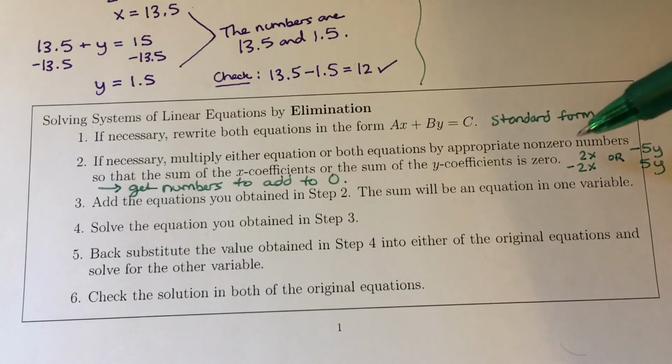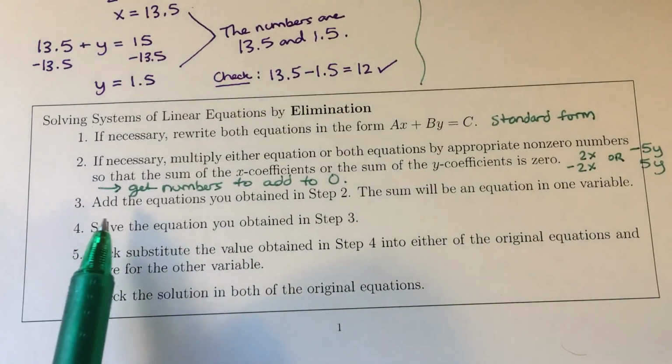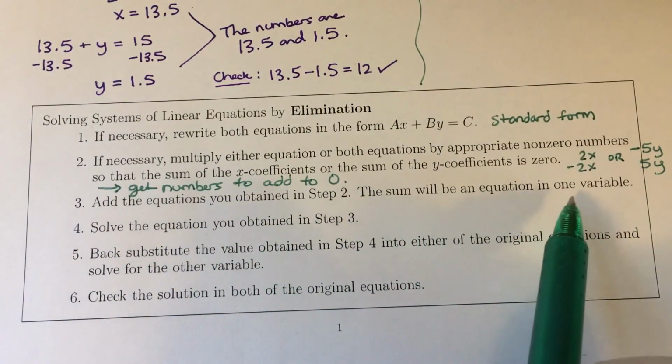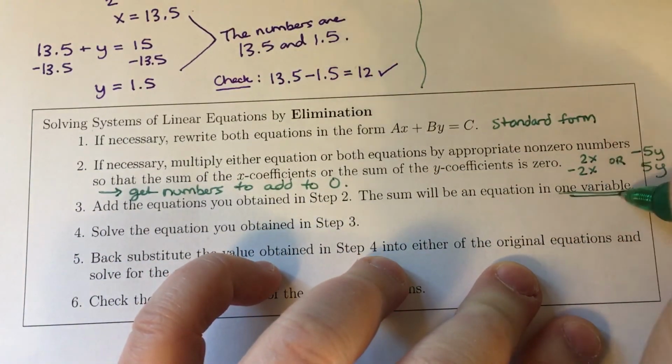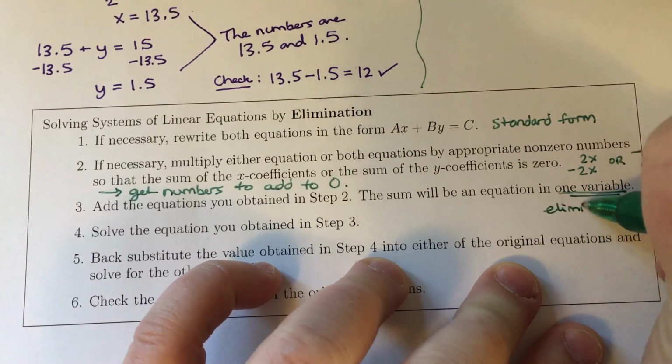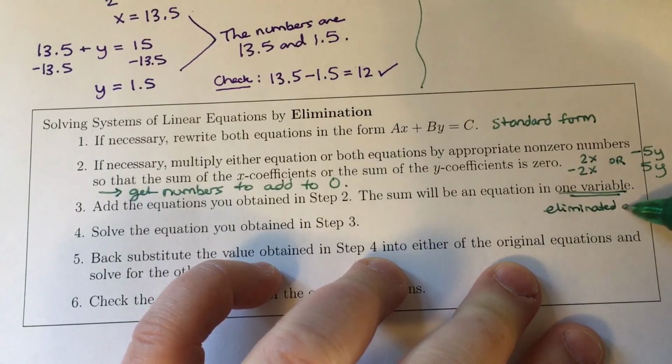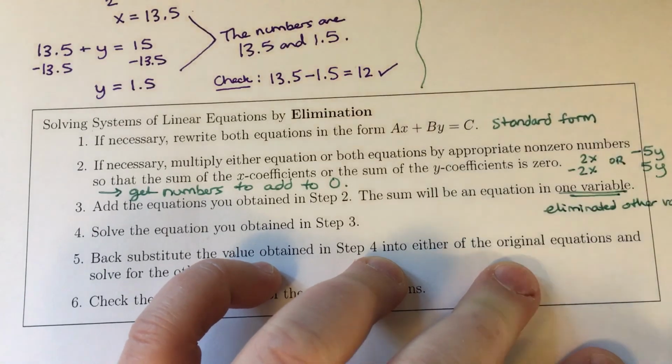So that ideally we want one positive, one negative. That way we don't have to mess with the subtraction. That way we can just add to get to 0. So we're going to add the equations. The sum will be an equation with now just one variable because we eliminated the other one. So it could be either x or y that's left.